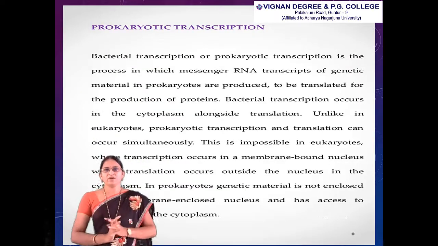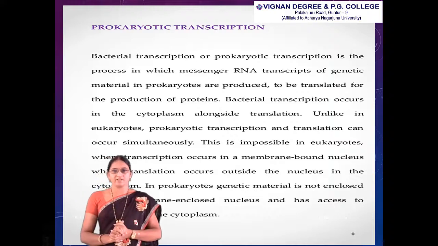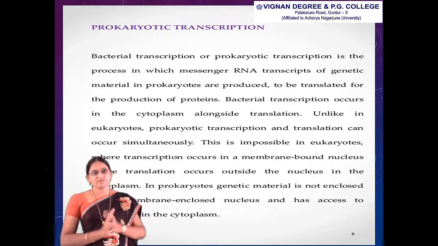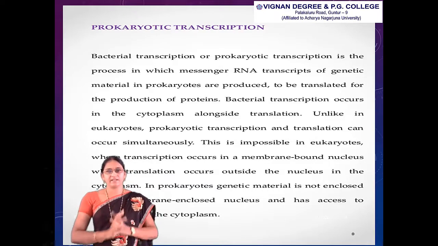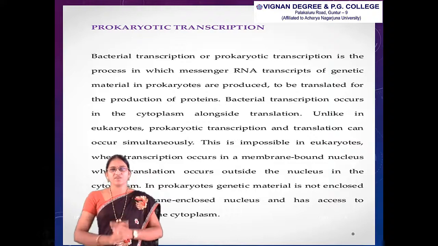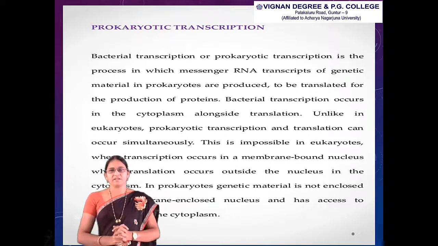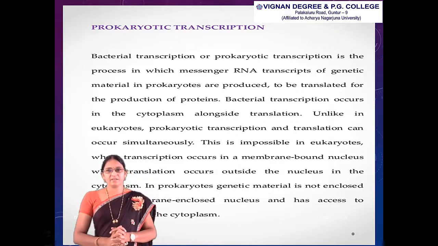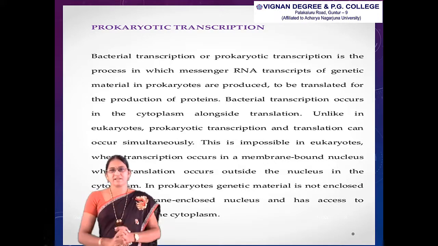So, coming to prokaryotic transcription, here we have to discuss some points. Transcription is the synthesis of mRNA from the genetic material of the cell, that is DNA. Here the synthesis occurs in the cytoplasm. In the cytoplasm, RNA polymerase transcribes the genetic material and immediately, in parallel, transcription is followed by synthesis of the protein known as translation.